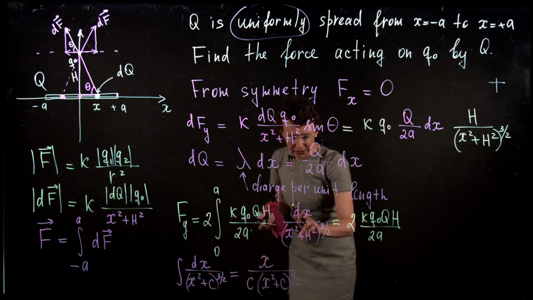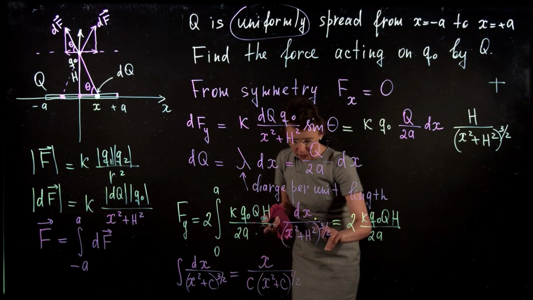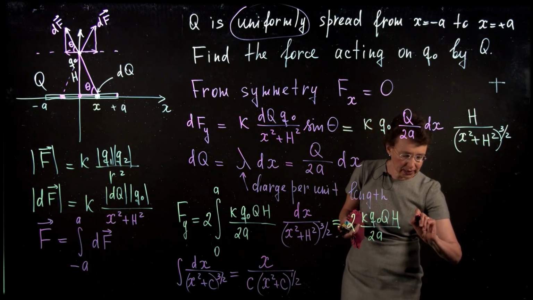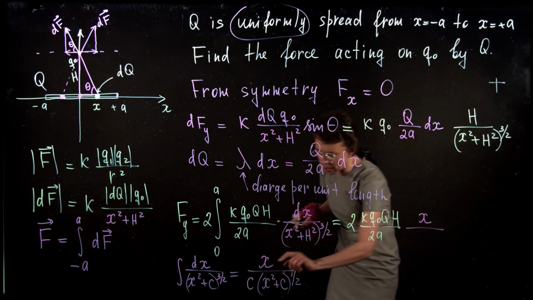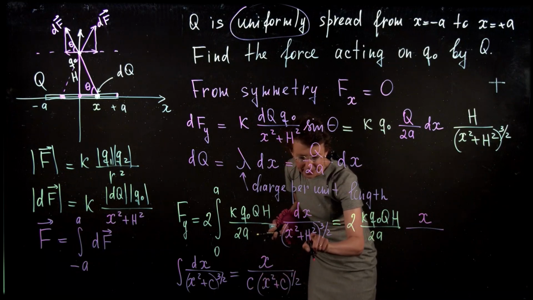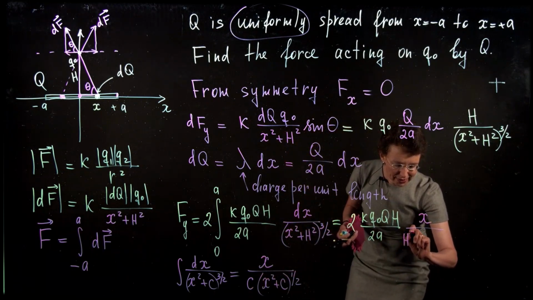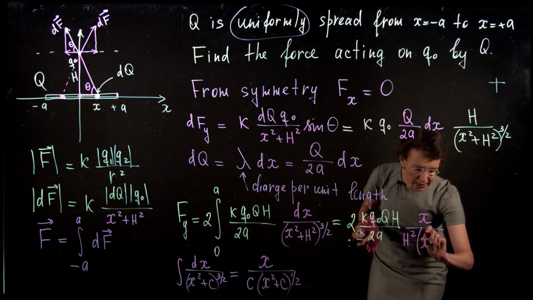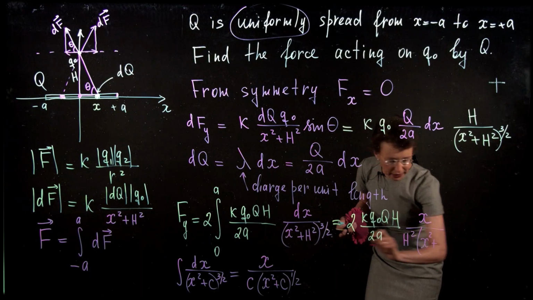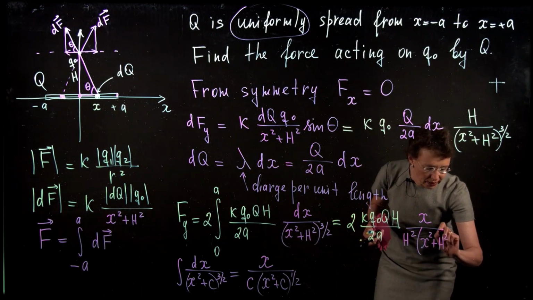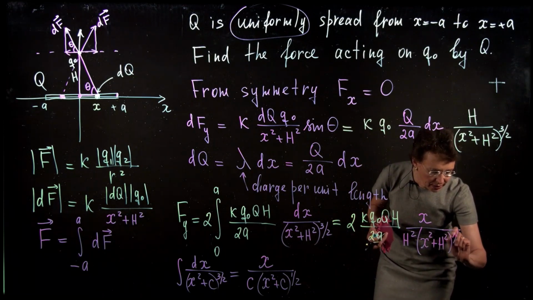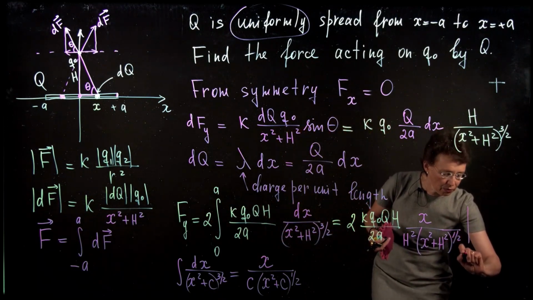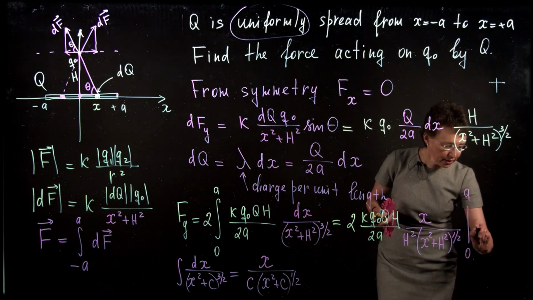So the integral dx over x squared plus h squared to the 3/2 will be equal to x divided by c, where c is h squared, then x squared plus c, and c in our case is h squared, to the 1/2. The limits of integration are from 0 to a.